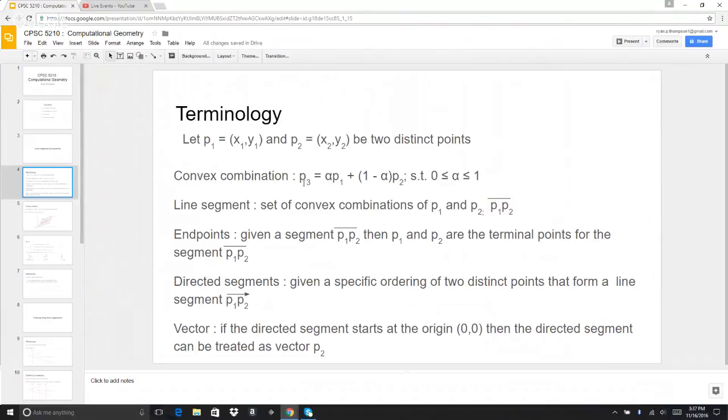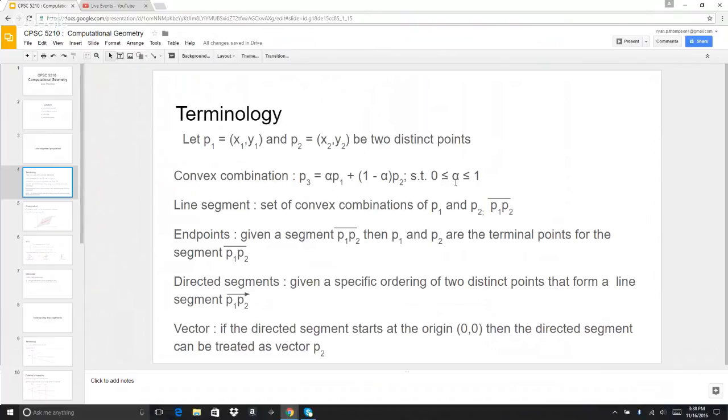If alpha was 1, P3 would equal P1, and the point would lie on P1 and have no influence from P2. If alpha was 0.5, exactly halfway between 0 and 1, P3 would be a point between P1 and P2. A line segment is a set of convex combinations of P1 and P2, which are two distinct points.